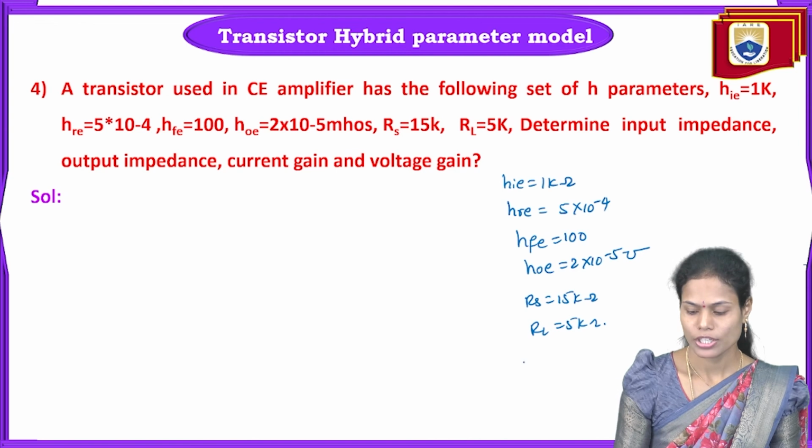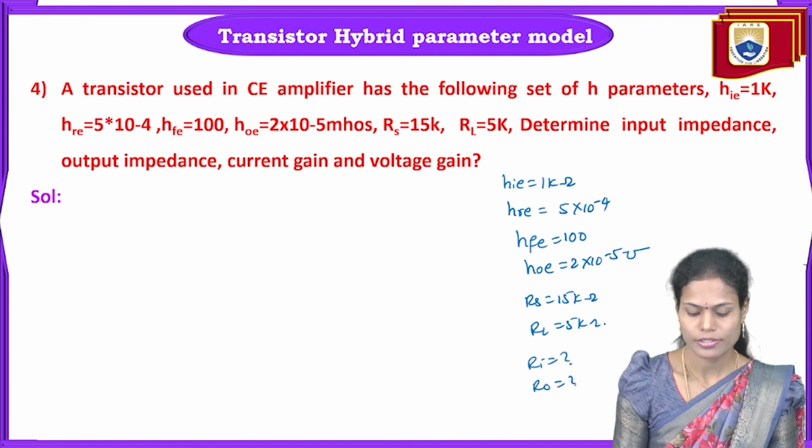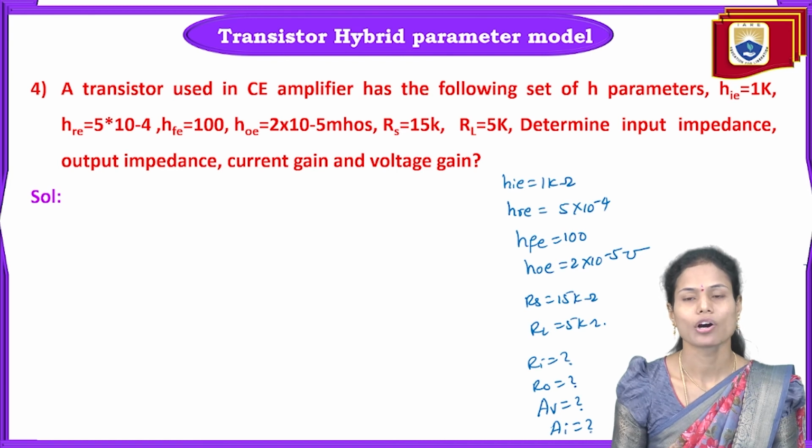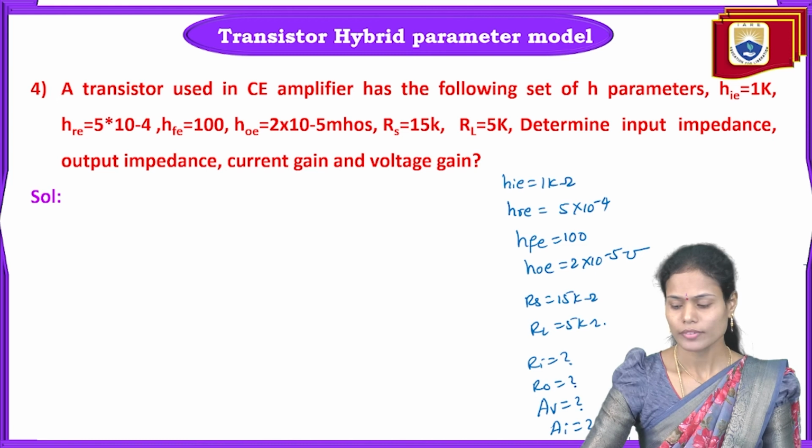So from this we need to calculate the input impedance, output impedance, as well as voltage gain and current gain. So we need to find all these parameters from the given problem.